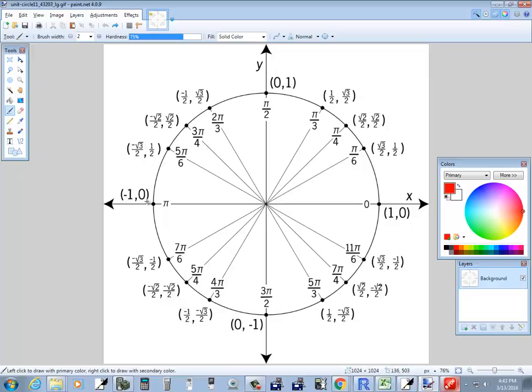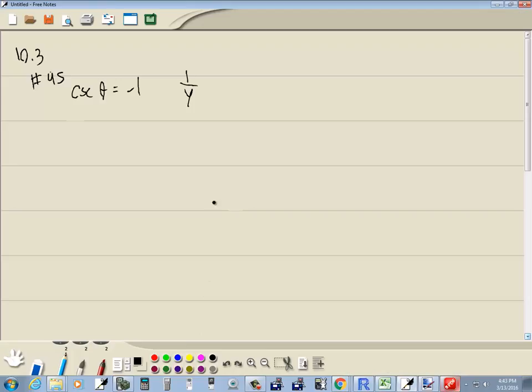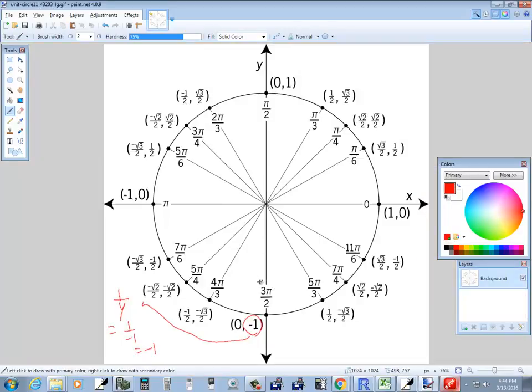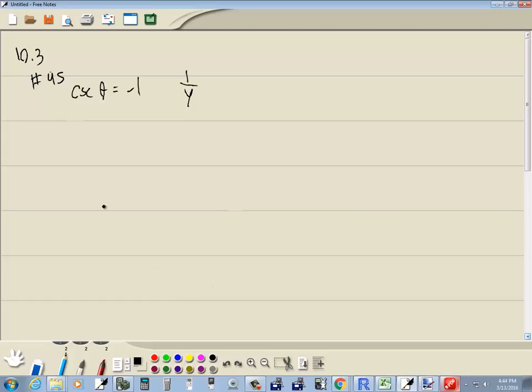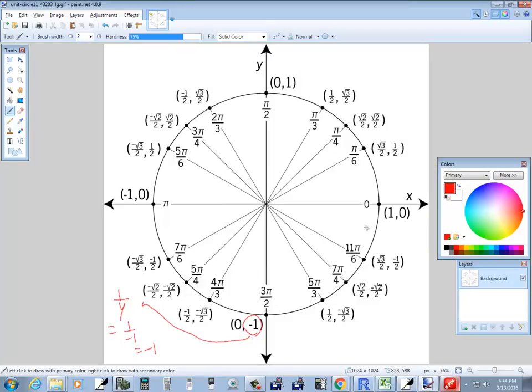No. Undefined. I get down to here. This y here. I said cosecant is 1 over y. So we'd have 1 over -1, which gives us -1, which is what we're asking about. So at 3 pi over 2, then it's equal to -1. And that's the only place to go around the unit circle.